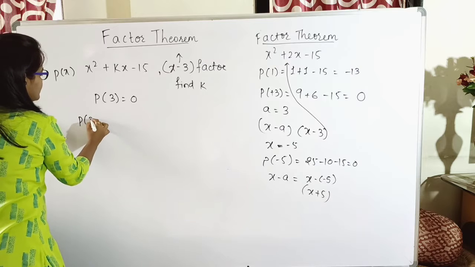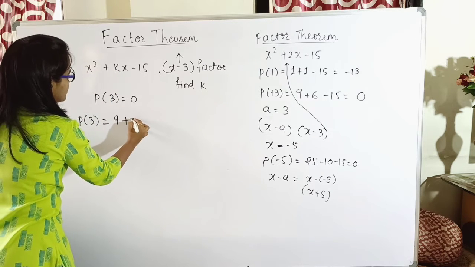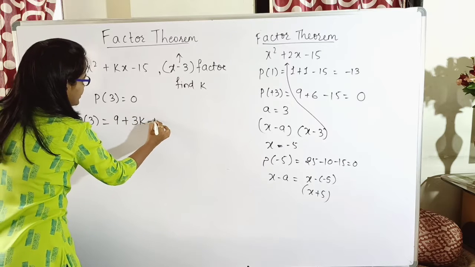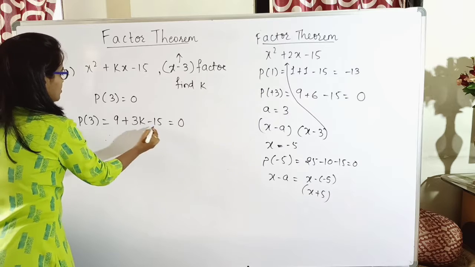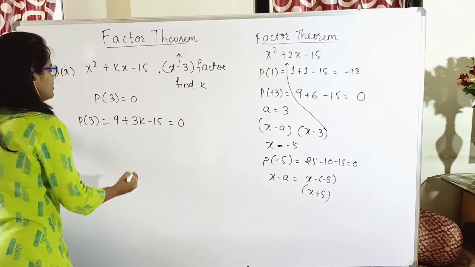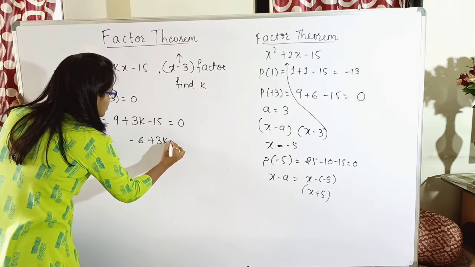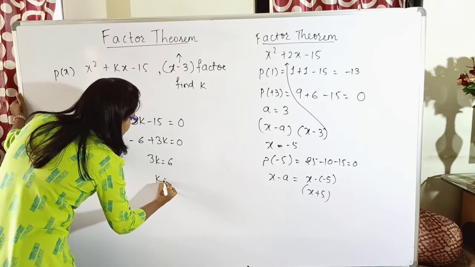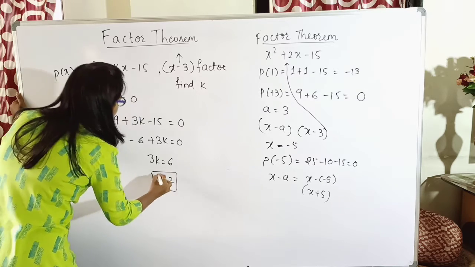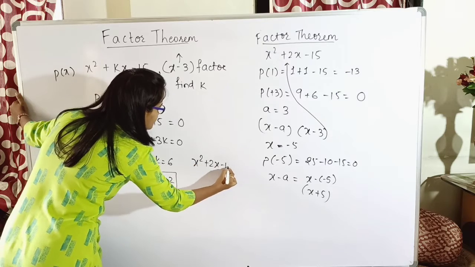P of 3 equal to 3 square 9 plus 3k minus 15 equal to 0. Therefore, now what is 9 minus 15? I will get it as minus 6 plus 3k equal to 0, which will give me 3k equal to 6, and value of k has to be 2. So what will be the equation now? X square plus 2x minus 15.